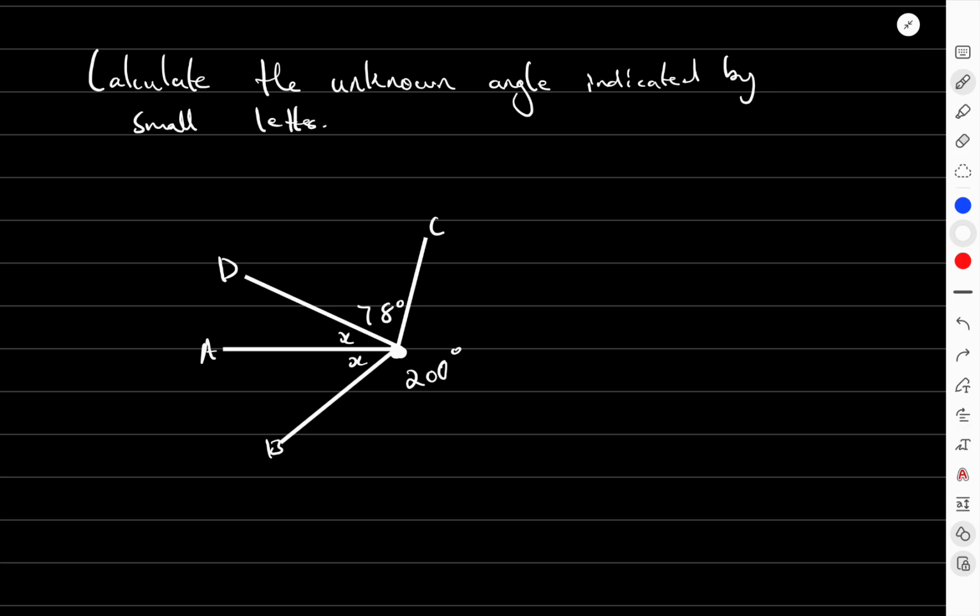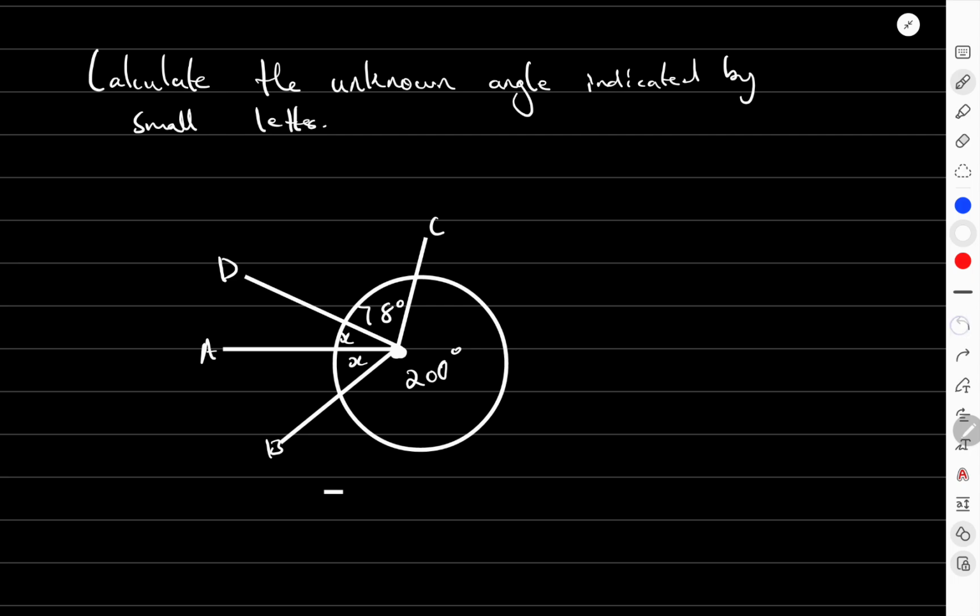But I know that if I were to do something like this, this is a revolution. It means all of these angles combined should give us 360 degrees. Therefore, I'm going to have x plus x, the angle here, plus the angle here, plus the whole of the angle here. Combined, they should give us a 360 degrees revolution.